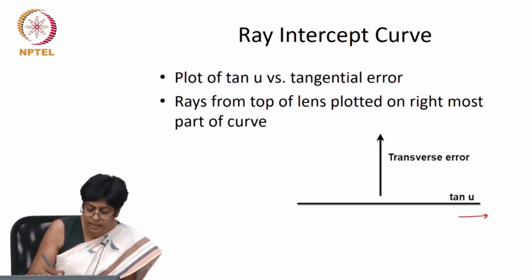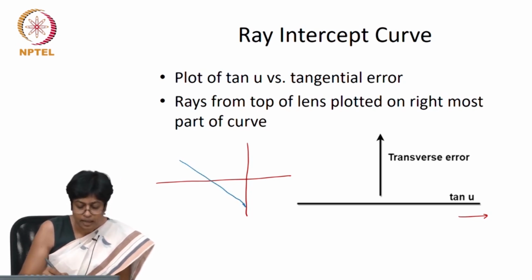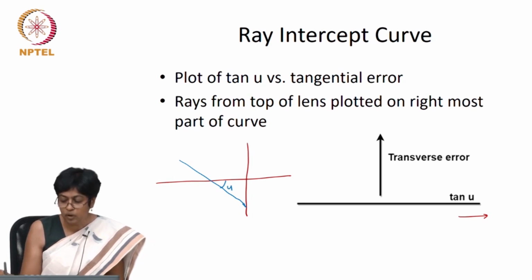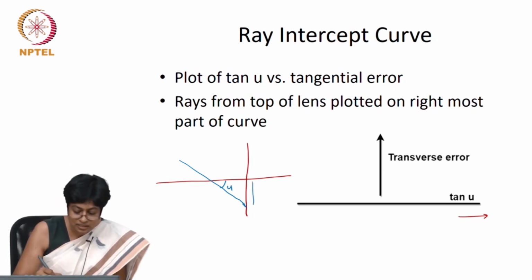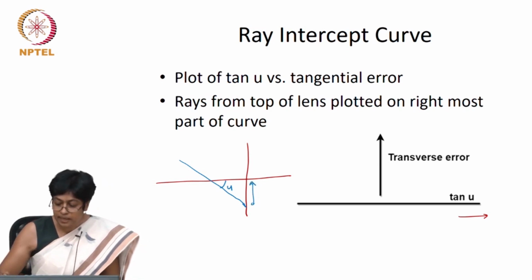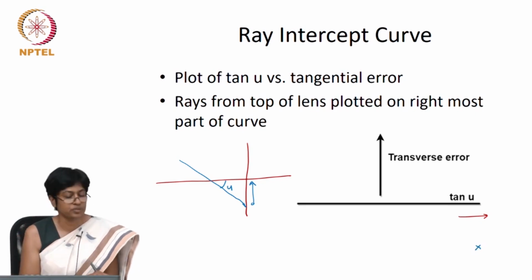So let's say this is my paraxial image plane, this is the optical axis, and I have a ray that hits the plane like this. Then this is u, and I'm plotting tan u over here. And this is the transverse error, and maybe it's negative, you can see. So this point would come over here.